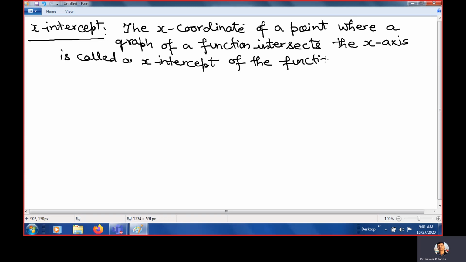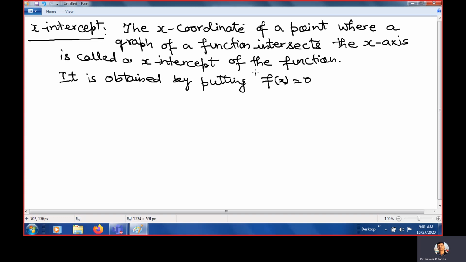Clear? It is obtained by putting f(x) equal to 0. So what you need to do is, whatever the value of f(x) is given, you need to put it equal to 0.